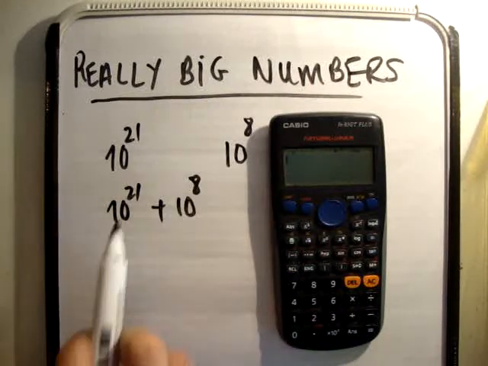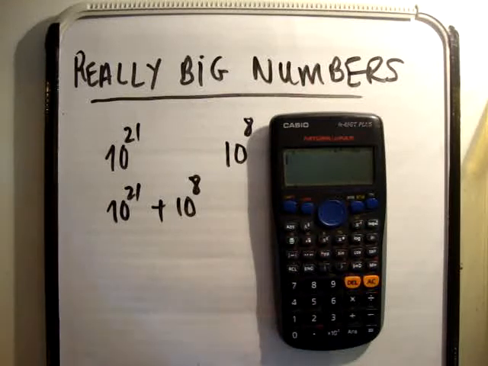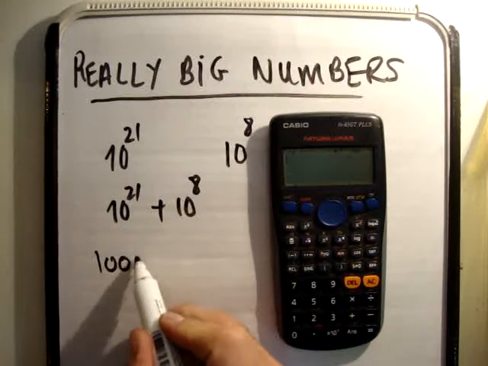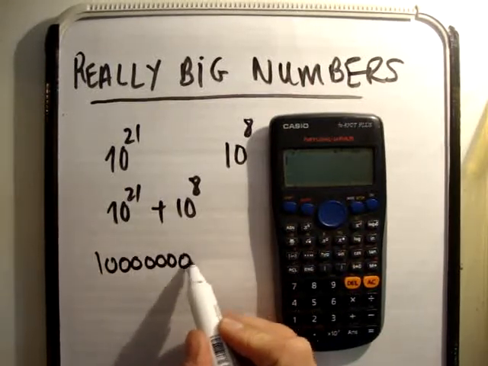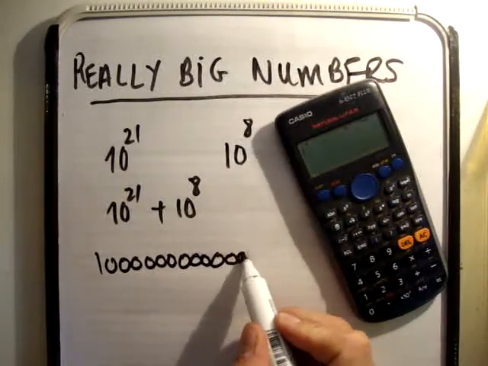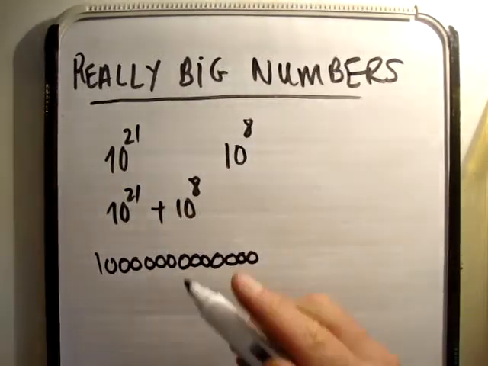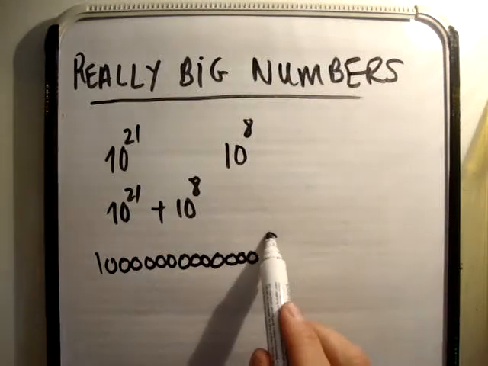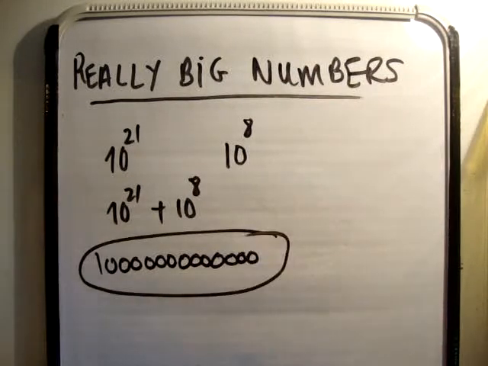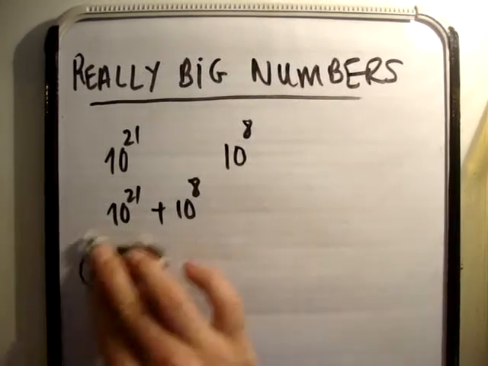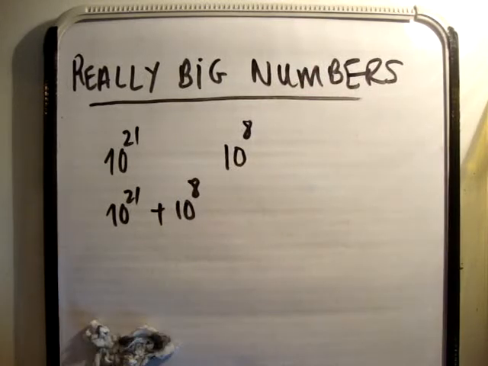Remember, we are talking about powers of 10. So it is 1 with 13 zeros bigger than this number here. It's bigger than 10 to the 8 by a number bigger than 10 to the 8.